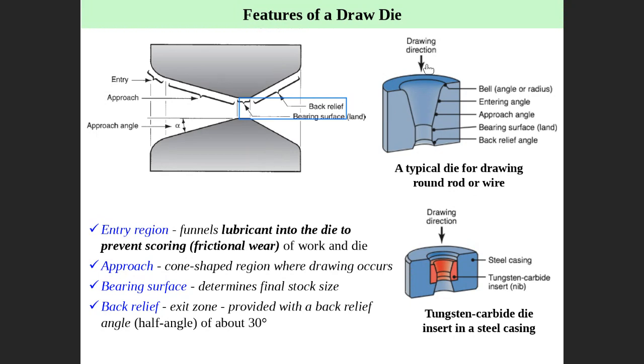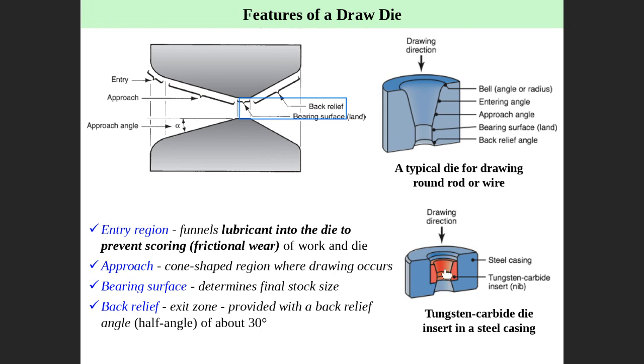A die could be made as a solid material, or made of an insert. You can have a holder and insert. Die is made as an insert from hard material like tungsten carbide. The solid one could be HSS, high speed steel, or tool steel or die steel, or cast steel.